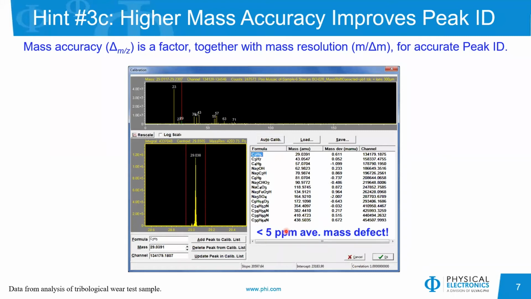In fact, it doesn't really get a whole lot better than that. Normally in TOF-SIMS, once you start getting above a mass to charge ratio of 100, a typical mass defect of 20 to 30 ppm might be more expected.